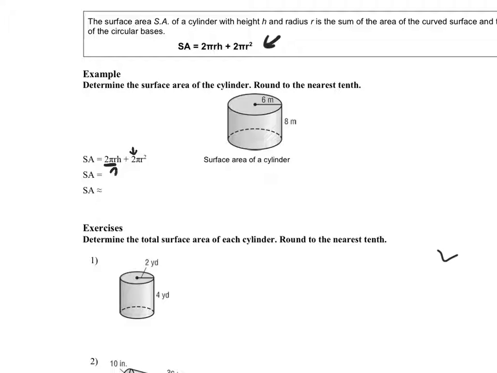Looking at this one, we would say 2 times 3.14, my radius is 6, my height is 8, plus 2 times 3.14 times 6 squared.